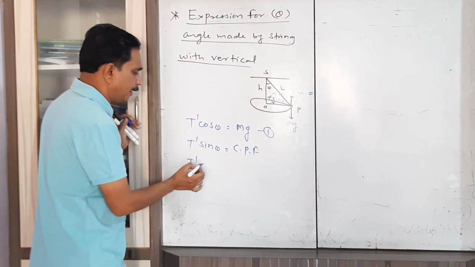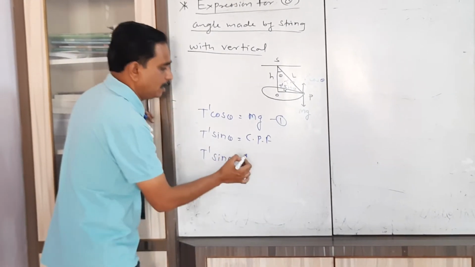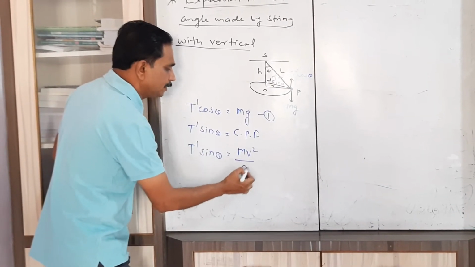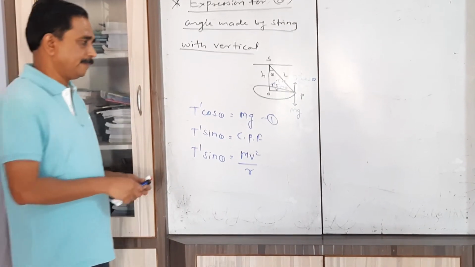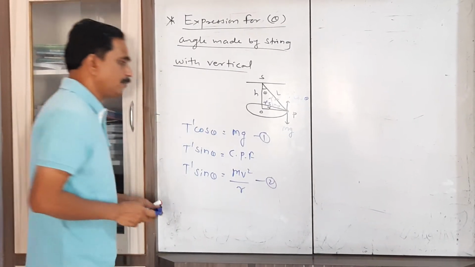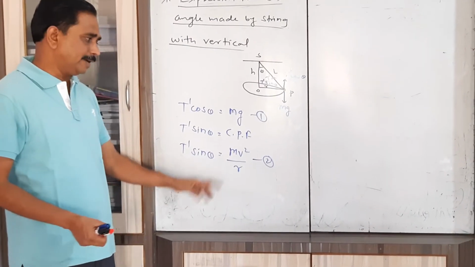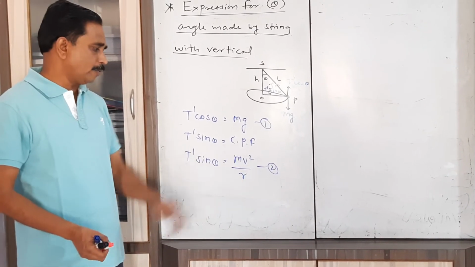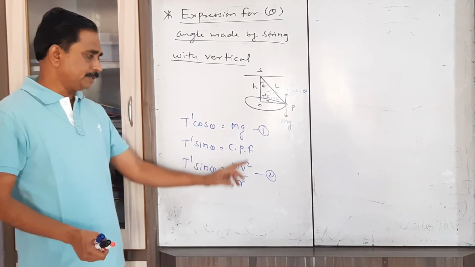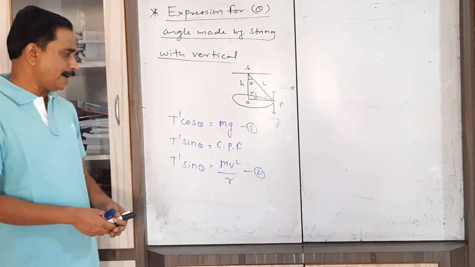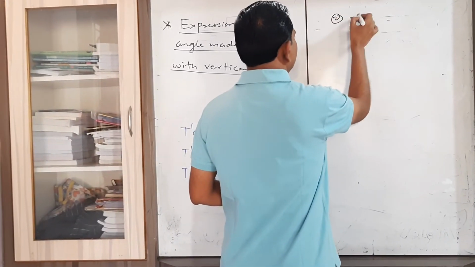Now in order to find the angle made by the string with the vertical, you have to select the value of centripetal force as mv square by r. Here you have to consider one change. Earlier, to find omega, we selected the value of centripetal force as m r omega square. Now, to find the value of theta, we write the centripetal force as mv square by r. Again make the same procedure, that is equation 2 by 1.